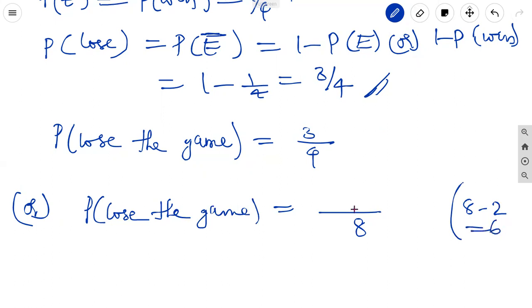Remaining how many are there? 6. 6 by 8. 2 3s are 6, 2 4s are 8. That is also 3 by 4. It is favorable to non-occurrence of 3 heads and 3 tails. You can take any method, your wish.